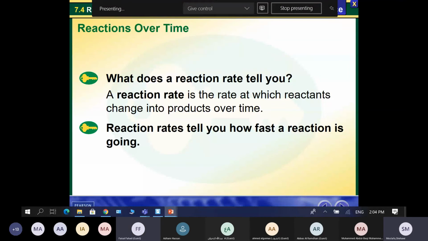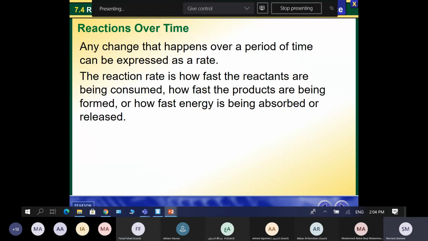What does a reaction rate tell you? A reaction rate is the rate at which reactants change into products over time. Reaction rates tell you how fast a reaction is going. This is the rate of chemical reaction. Reaction over time: any change that happens over a period of time can be expressed as a rate.